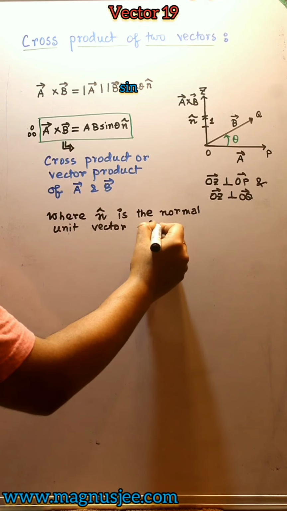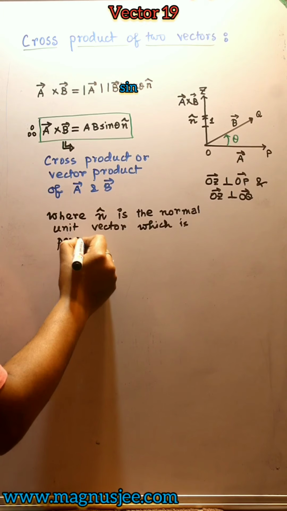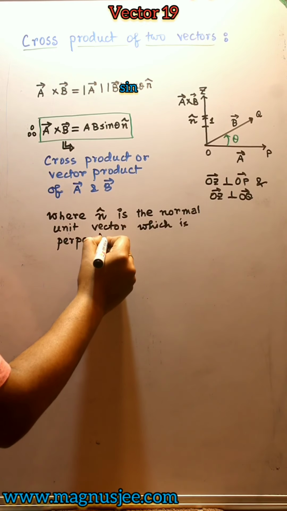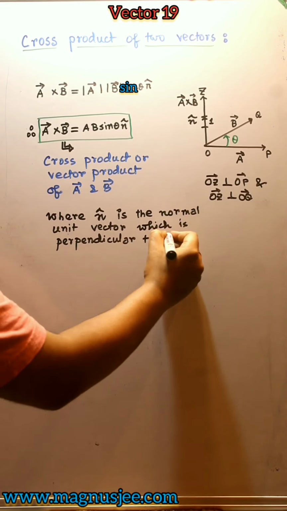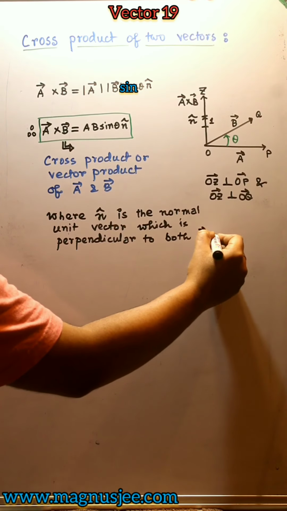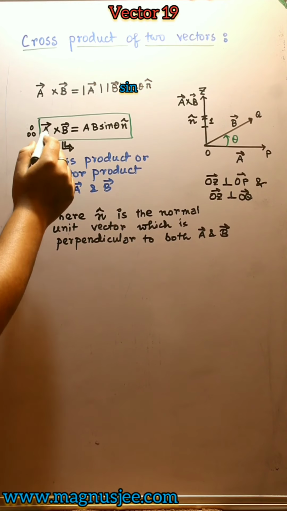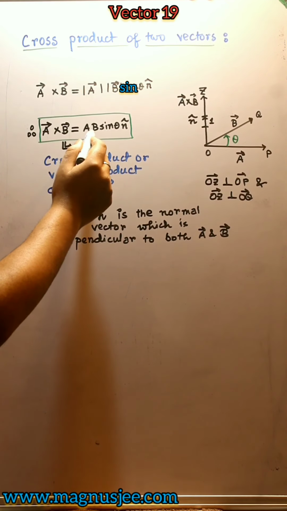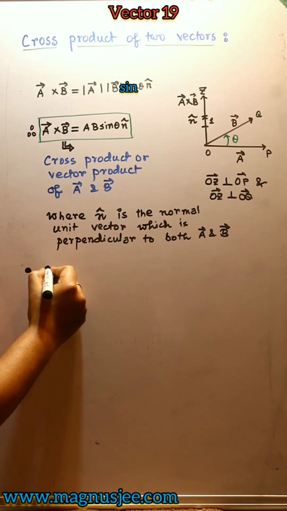Normal unit vector is acting in the same direction of vector A cross B, and n cap is perpendicular to both vector A and vector B. Vector A cross vector B equals AB sin theta n cap.